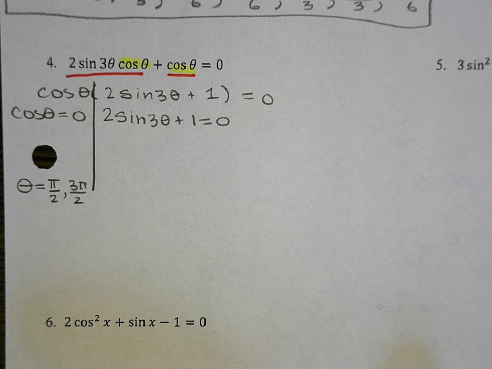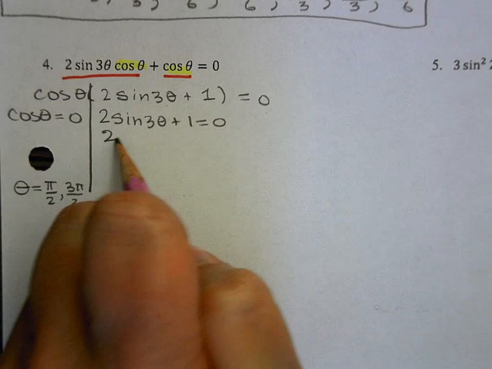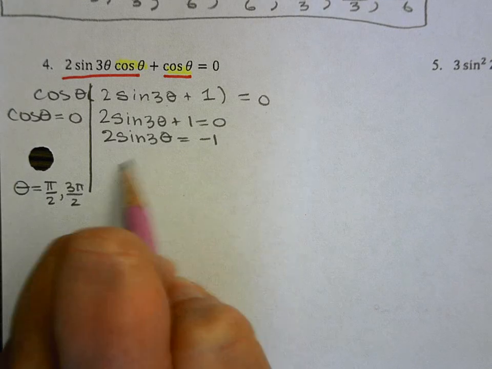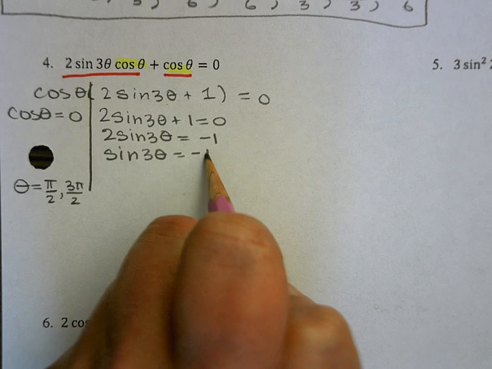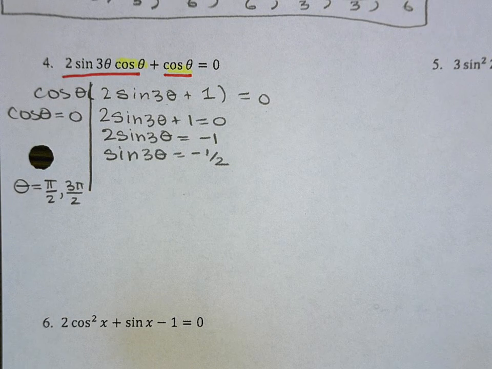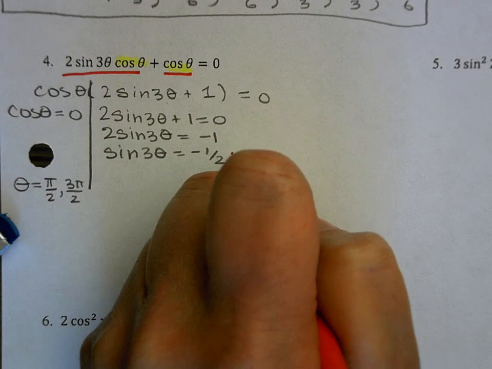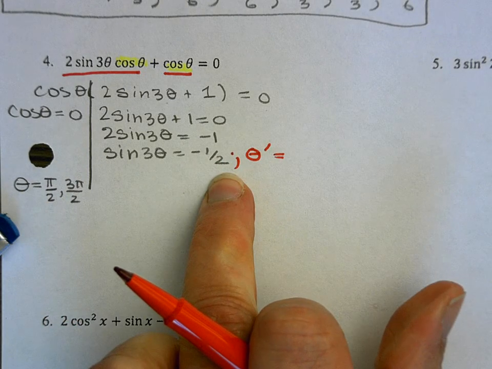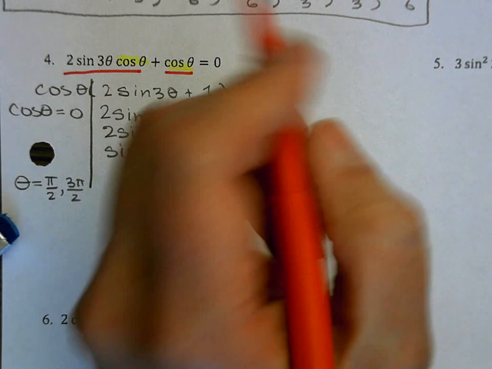So I'm going to go ahead and subtract 1, and then divide by 2. Then I'm looking for my reference angle. Remember, my reference angle is not my final answer, right? So where does sine equal 1/2? First focus on where it equals 1/2, and that is at pi over 6.